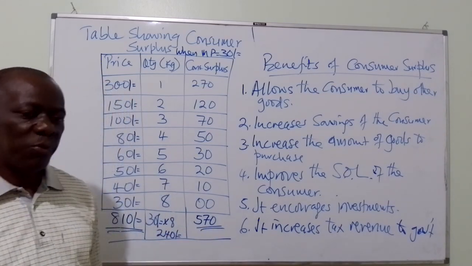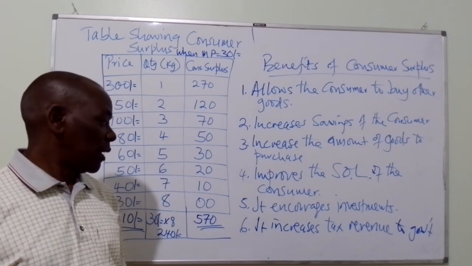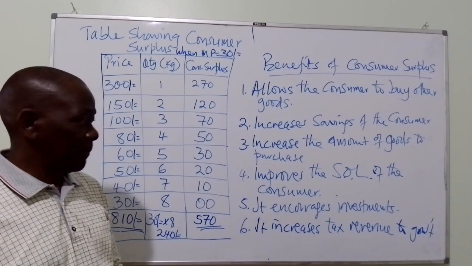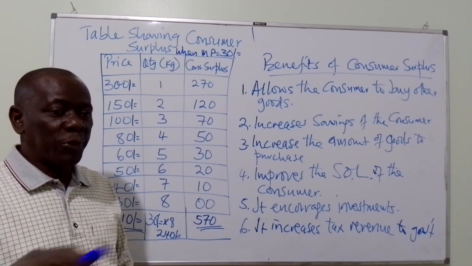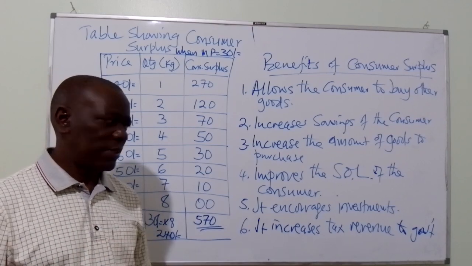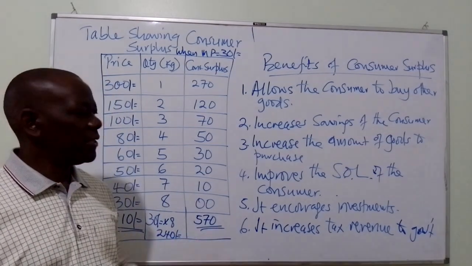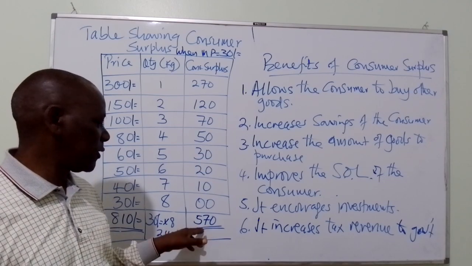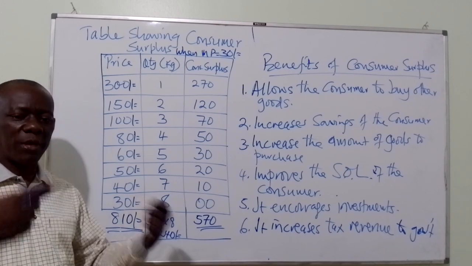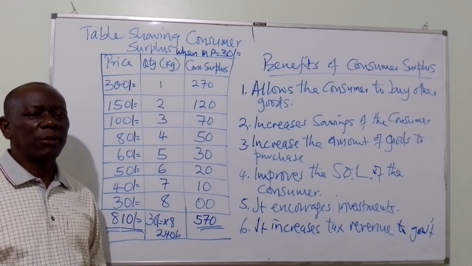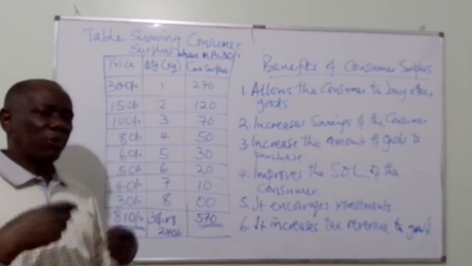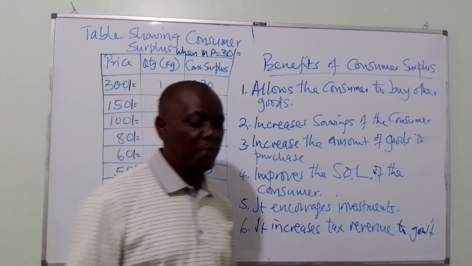Because the 570 which you would have pocketed, you have now spent on other commodities. So if each commodity carries an indirect tax, you are paying more tax now using this money, which you would have kept. Or if you increase the amount of sugar you buy, and each kilogram has a tax, you are paying more taxes on the more kilograms you are purchasing.